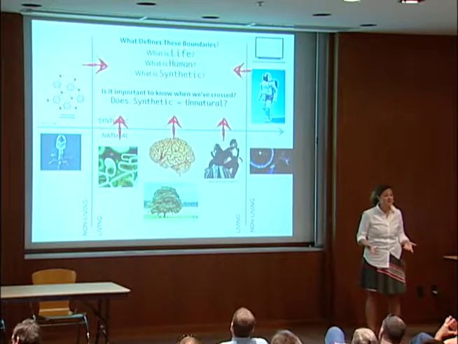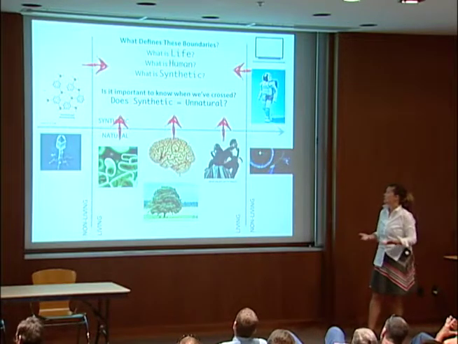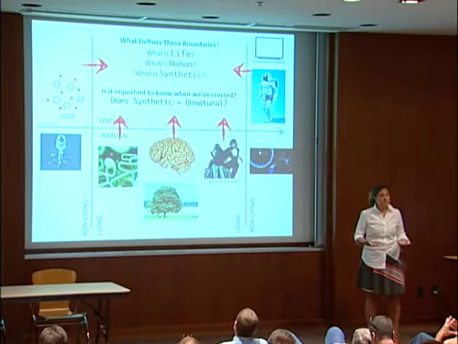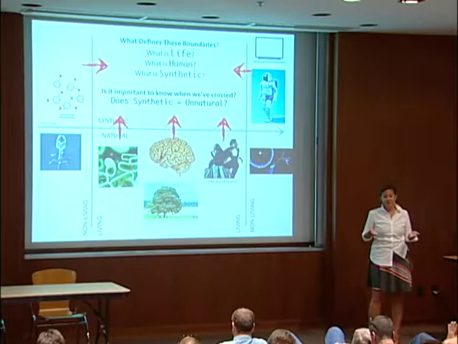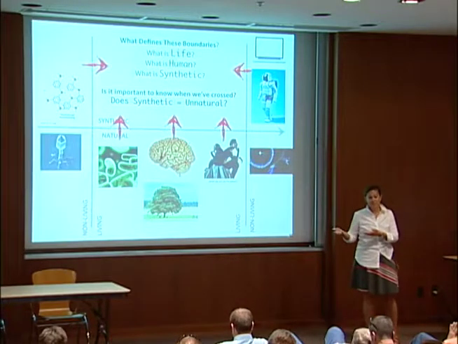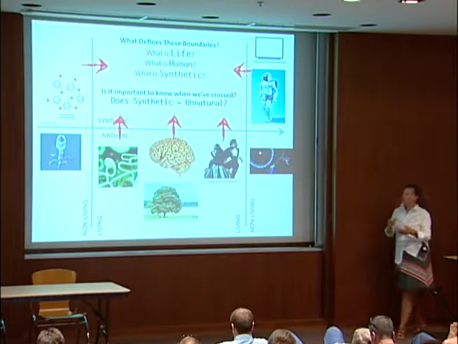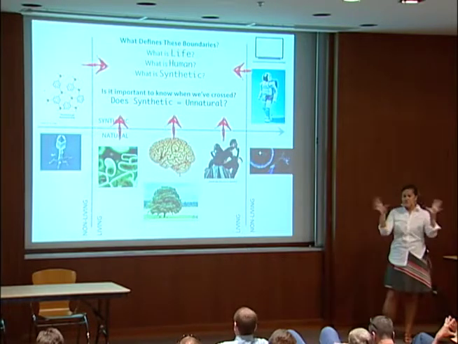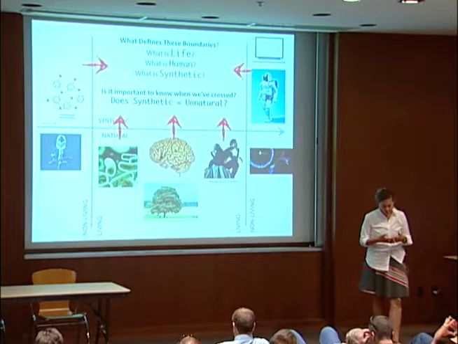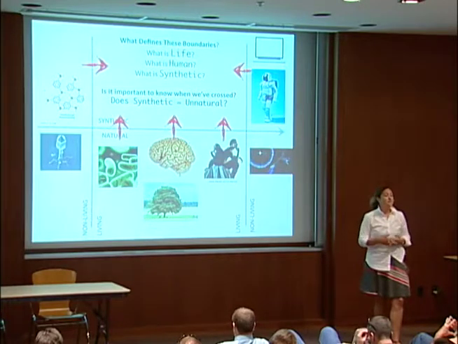What does it mean to be living? How do I know I've crossed that boundary? What does it mean to be human? What is synthetic? And does synthetic naturally equal unnatural? These are some of the things we'll talk about, and it's these questions that frame a lot of the discussion in my honors course that we mentioned.